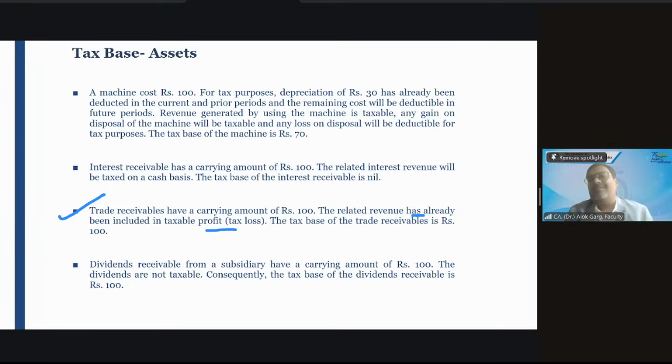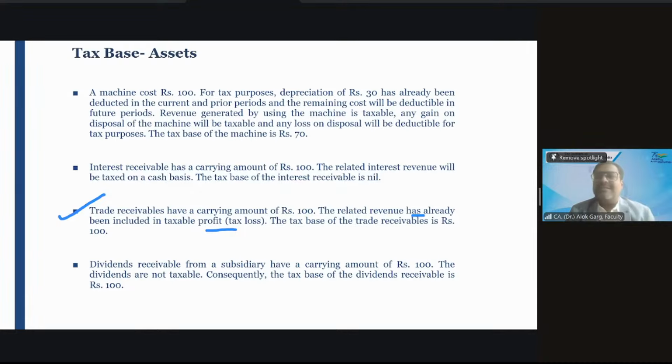You are right. The company has created a provision for doubtful debt of 20 rupees. What is the carrying amount in your books of accounts? 80. 100 minus 20. You show 80, right? You show in notes to accounts that trade receivable is 100 rupees, less provision for doubtful debt 20 rupees. In your balance sheet, the carrying amount is 80 rupees. But what is the tax base in your tax balance sheet? 100 rupees.